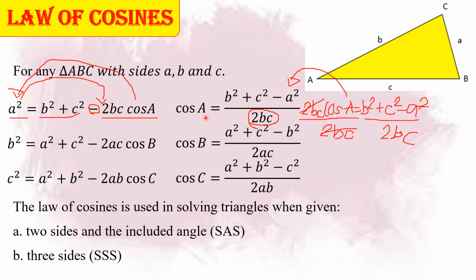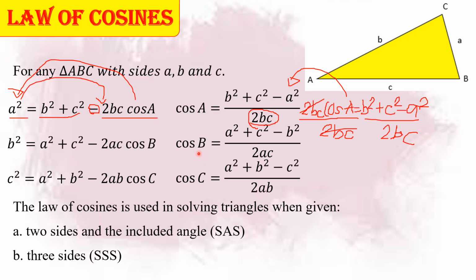So, just like this one, ang side ni angle A is side A. And then, magiging negative siya, and then i-square nyo. So, magiging negative A squared. And then, the denominator is, i-multiply nyo lang sa 2 yung dalawang positive dito, which is the positive B, and then positive C.